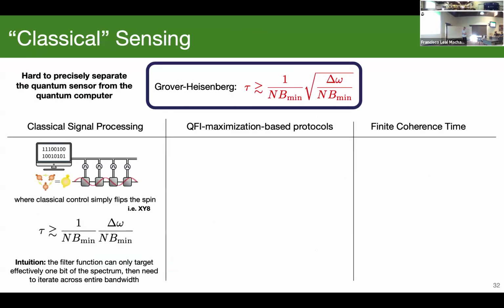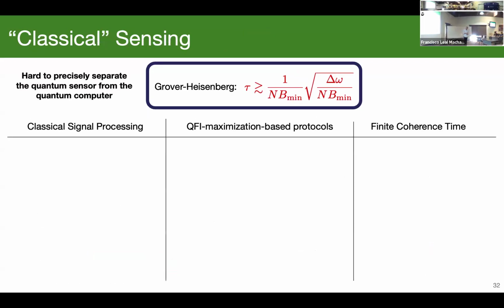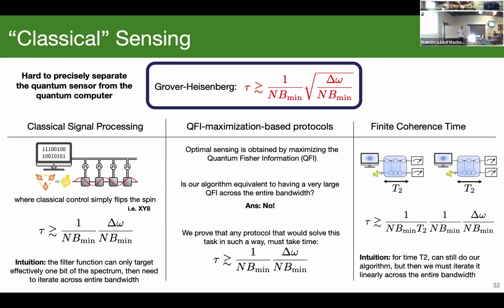Okay. Turns out that you can now ask the question, how does this compare to classical or conventional quantum sensing? You can show that it's hard to exactly make a distinction between a quantum computer and a very complicated quantum sensor. But actually, under different notions of sensing, you can show that there's always a separation.